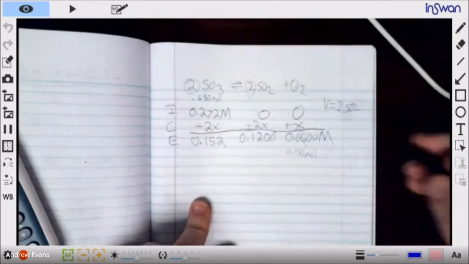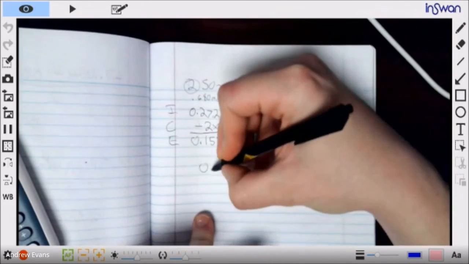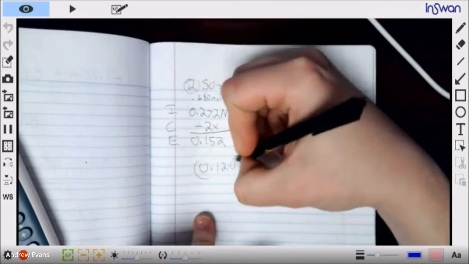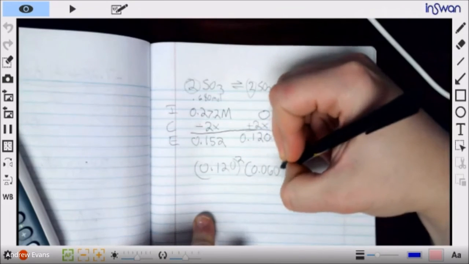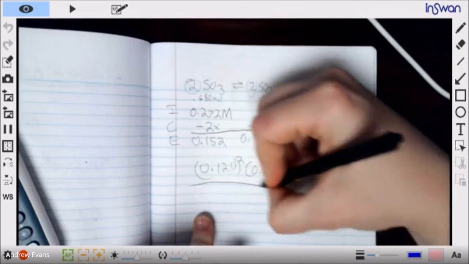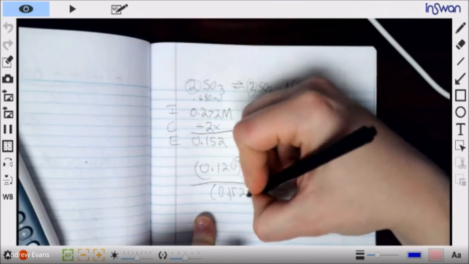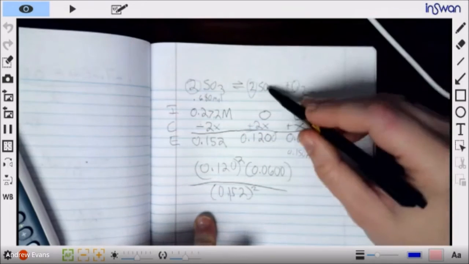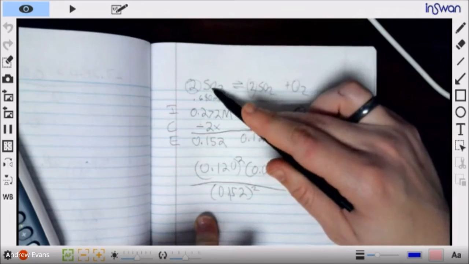Lastly, to find K, products over reactants. So 0.120 squared times 0.060 all over 0.152 squared. Products to their coefficients over reactants to their coefficients.